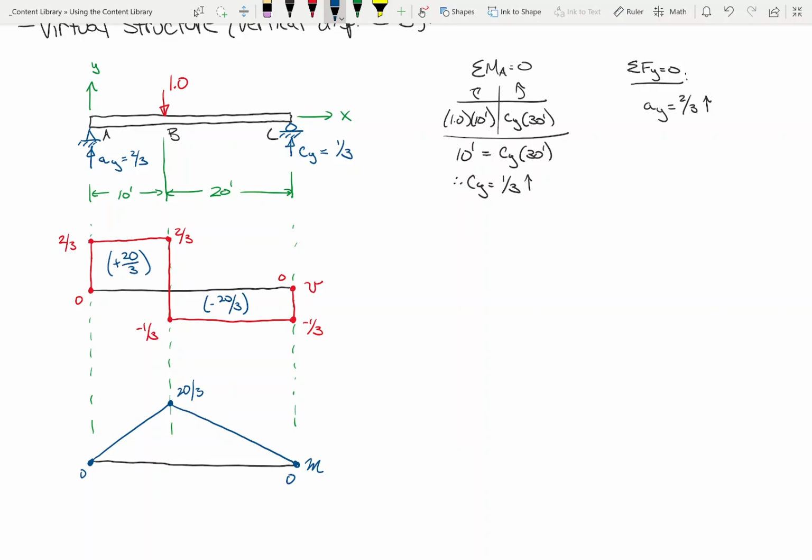It just lets you go in the right direction. You are 100% correct. But I'm going to show you why for virtual structures, there is one heck of a shortcut.